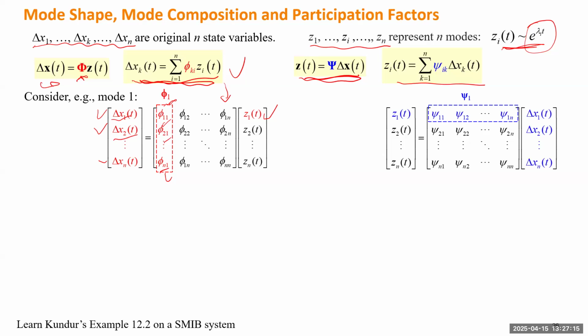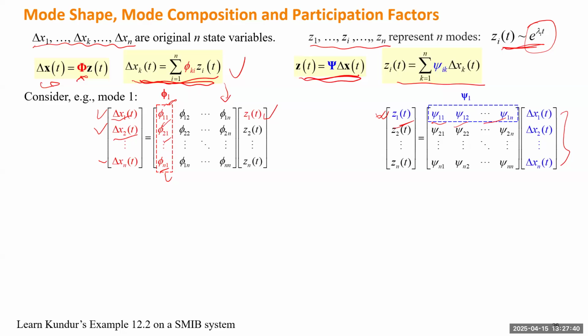Similarly, we can write down all the equations on how the state vector S can be transformed to Z. We'll have this one. This Z1 will be just the first mode. But this vector is about all the state variables. So all the state variables multiplied by the elements in this row will become the mode.